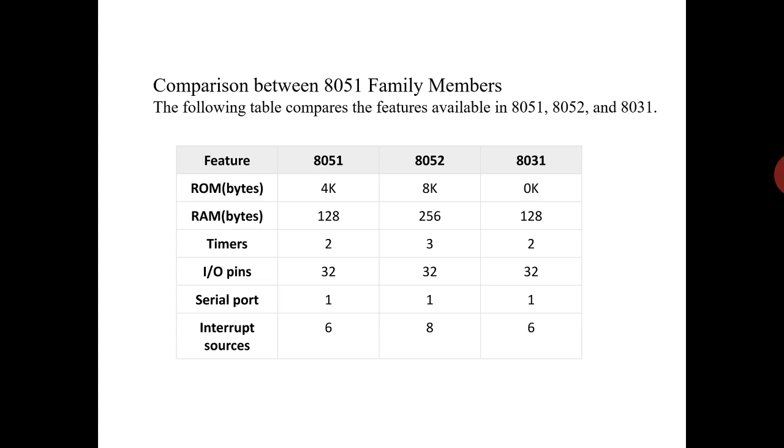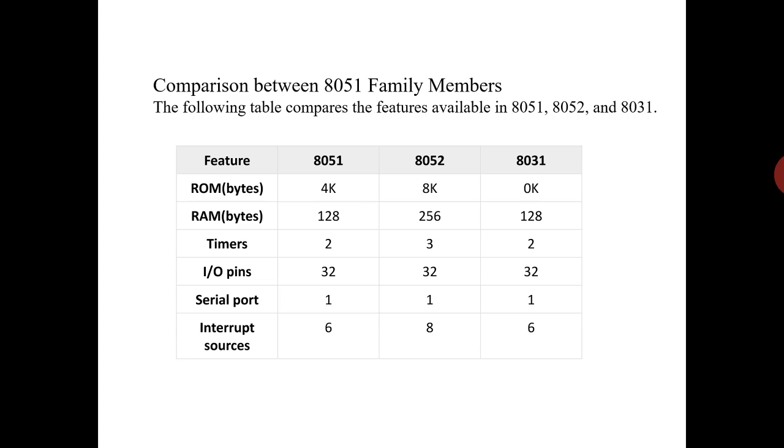RAM of 8052 is 256 bytes and RAM of 8031 is 128 bytes, same as 8051. Timers: 8051 has two timers, 8052 has 3 timers and 8031 has 2 timers.